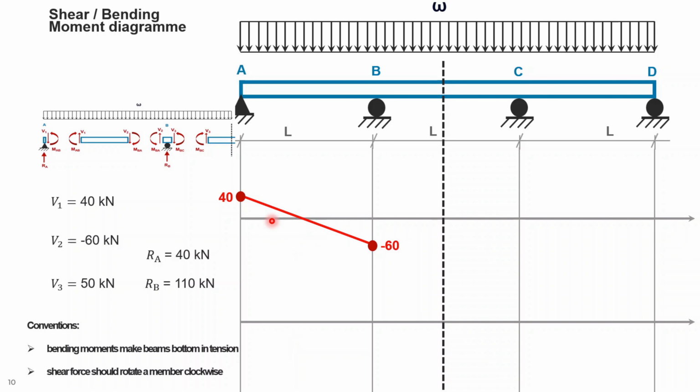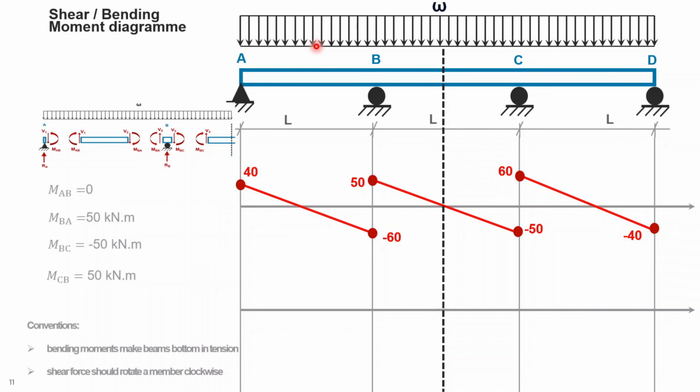So for now, the shear force is linear because the external force is uniformly distributed. And for the BC, we have 50 and minus 60. Again, we connect them with a line, and the right half of the structure is the mirror of the left half because of the symmetry.